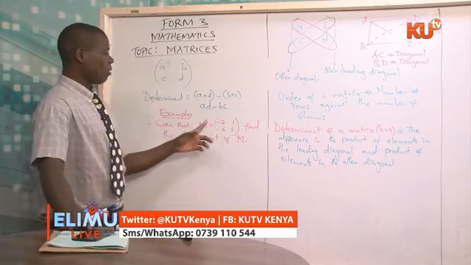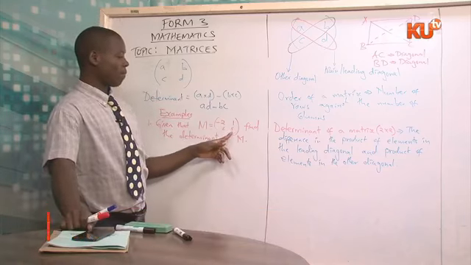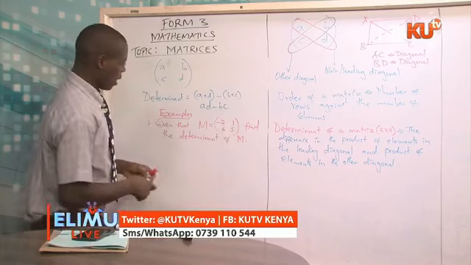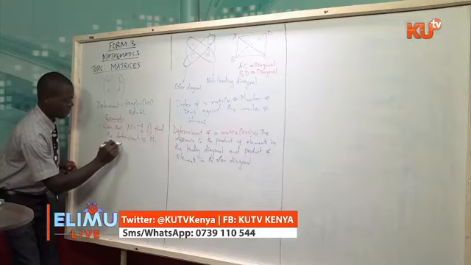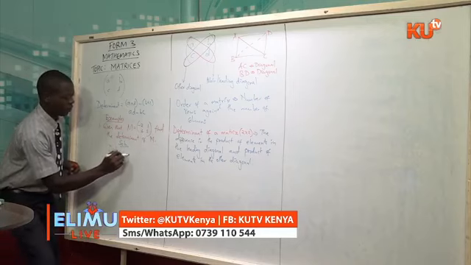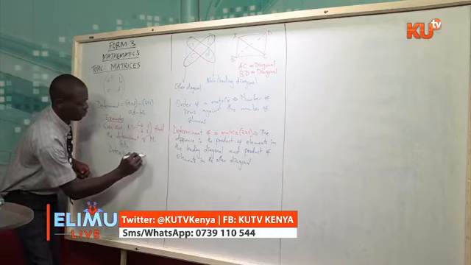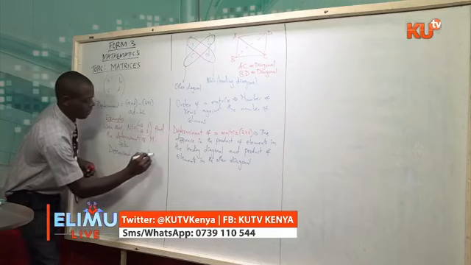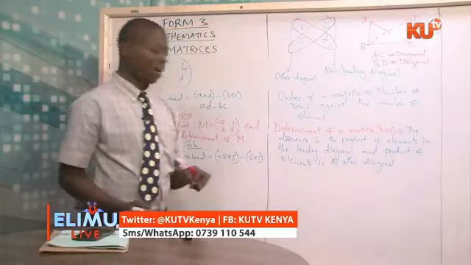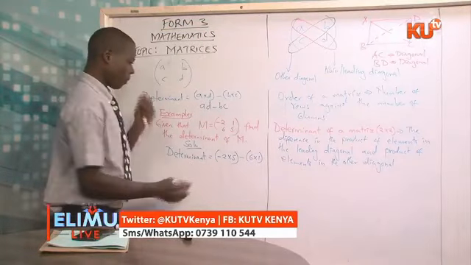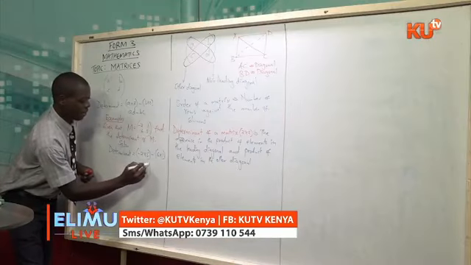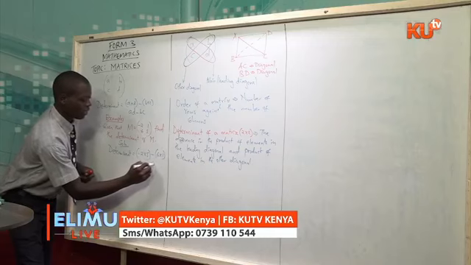Yes, the elements in the leading diagonal are -2 and 5. The other diagonal has 1 and 6. Therefore, our determinant will be -2 times 5 minus 6 times 1. -2 times 5 gives us -10, minus 6 times 1 gives us 6.